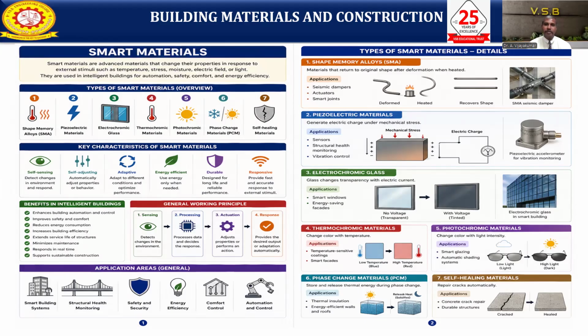We can incorporate these materials into our structure. So what are the characteristics of smart materials? They are sensing: they detect changes in the environment and respond immediately based on the sensors.